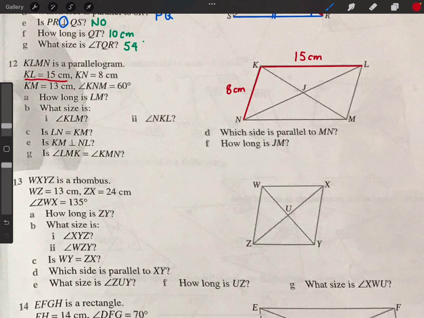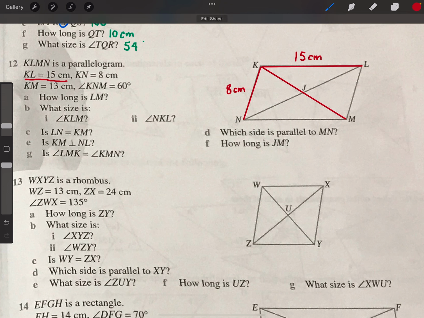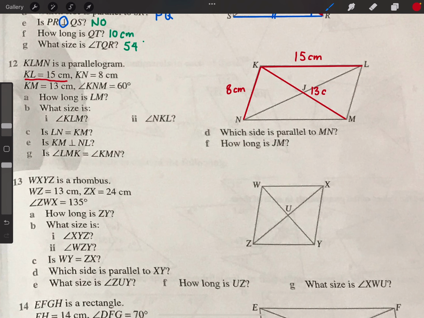And KM is equal to 13 centimeters. What else have we got? Angle KNM. So this angle here, KNM, is equal to 60 degrees.